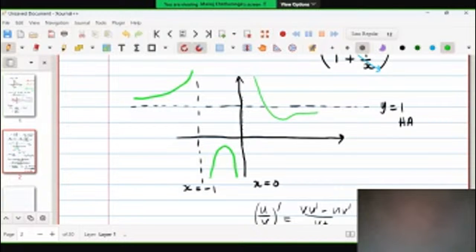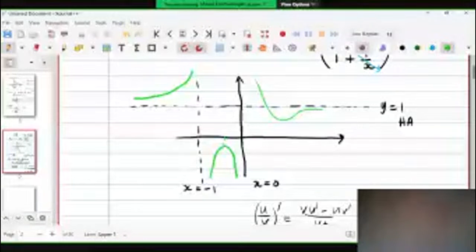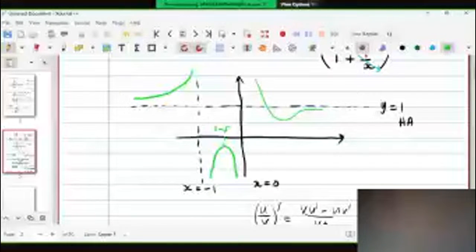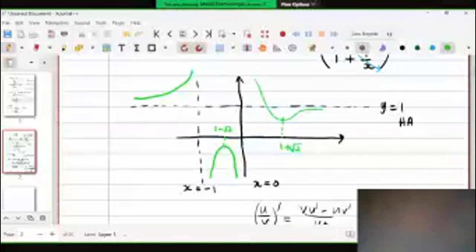Over here, the x coordinate is 1 minus square root 2, and over here, the x coordinate is 1 plus square root 2. You can see how I got those 2 points, and also right over here, the x coordinate is 1.